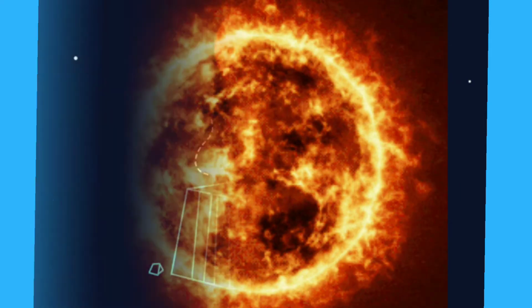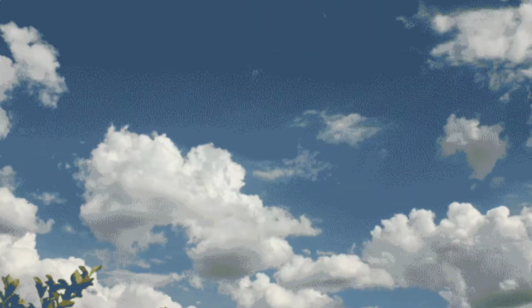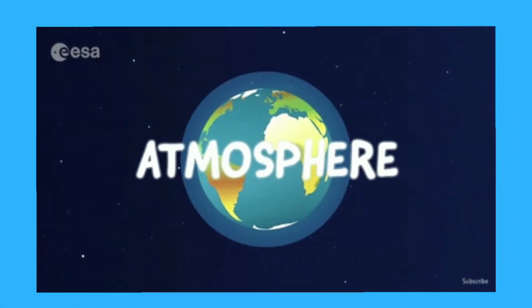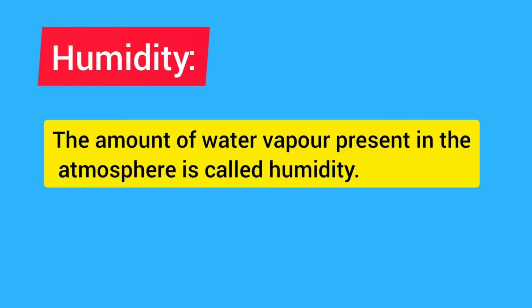During this process of evaporation, some of the water vapor is present in the atmosphere. This water vapor present in the atmosphere is called humidity. When humidity increases in the atmosphere, it causes us excessive sweating.